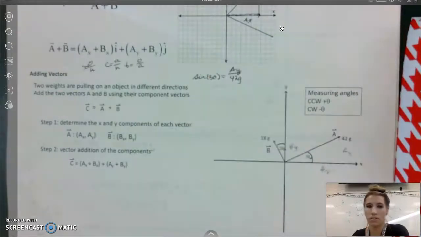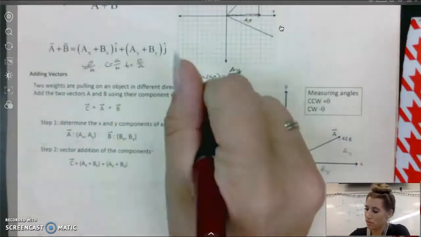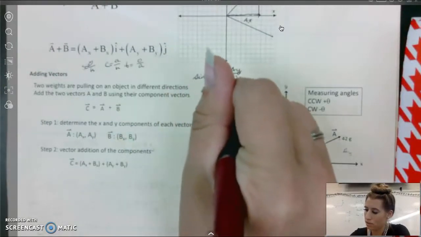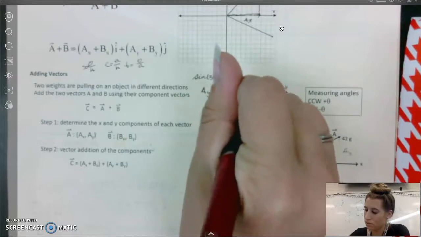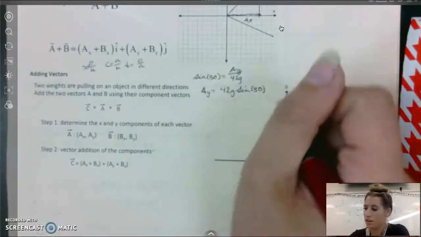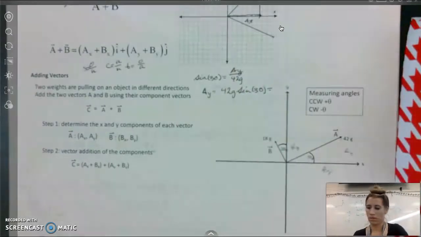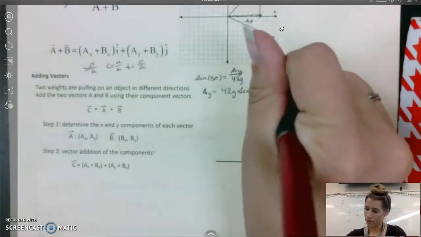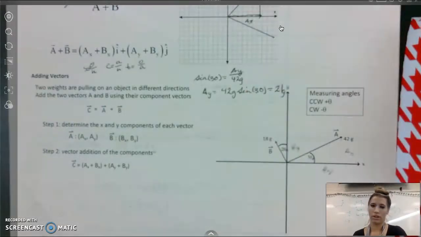So now I can solve for A sub y, and so A sub y is equal to 42 grams sine 30. Grab the calculator, 42 times the sine of 30. Make sure that you're in degree mode in your calculator. That would be 21 grams.